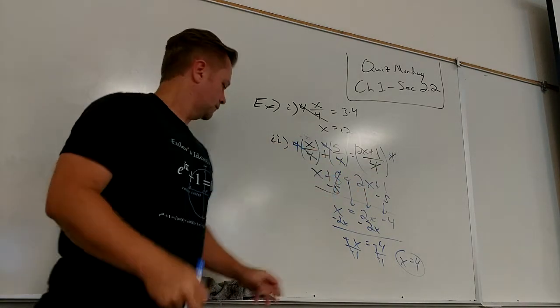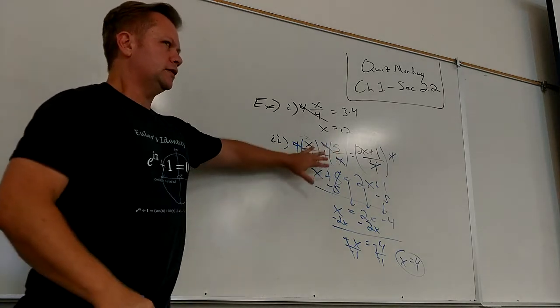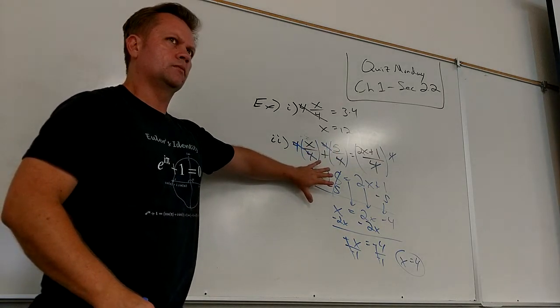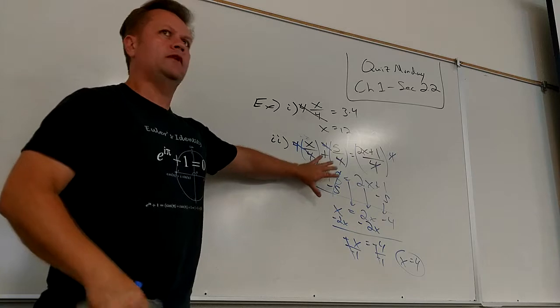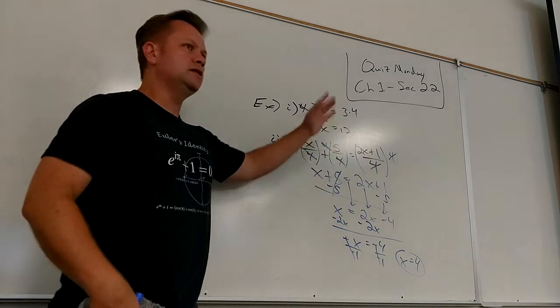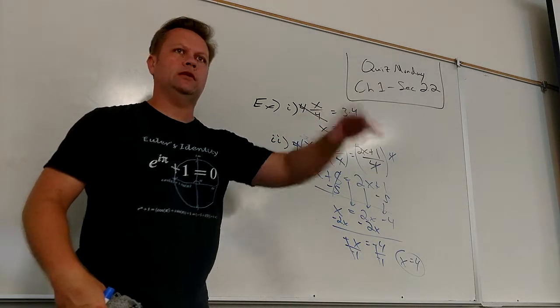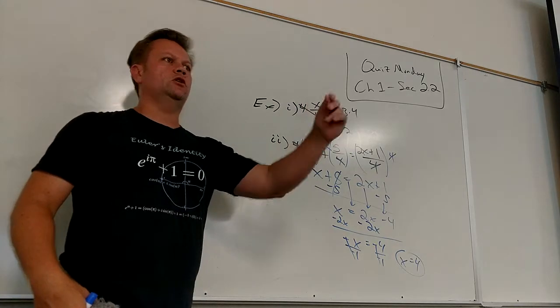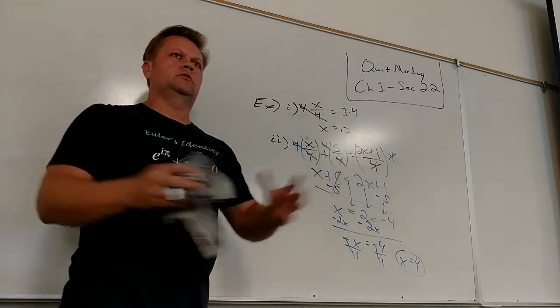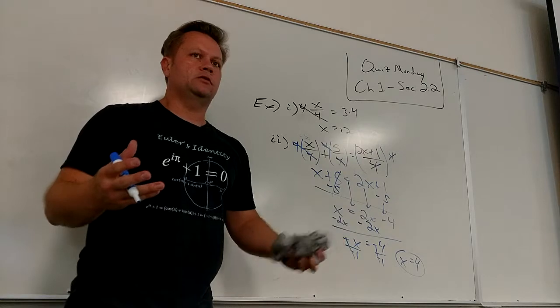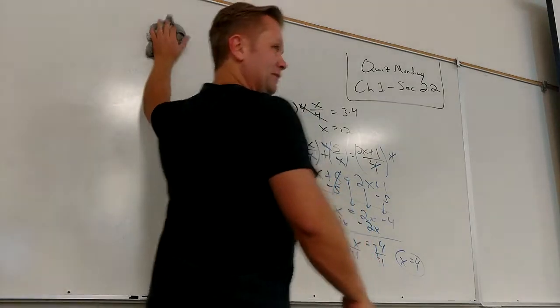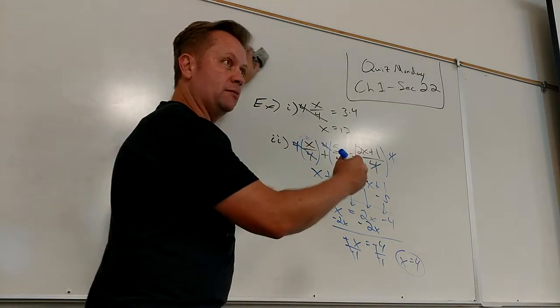Any questions on this here? If you have fractions in an equation, you're allowed to kill them. That is so awesome. Can't kill every fraction, don't get too excited. But when they're in an equation, you got them.